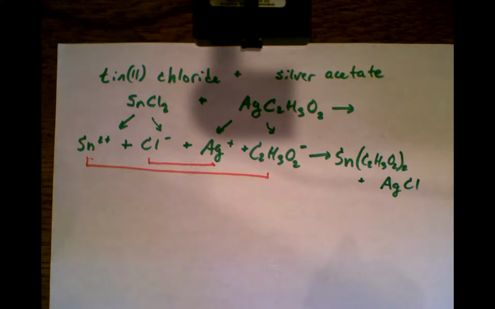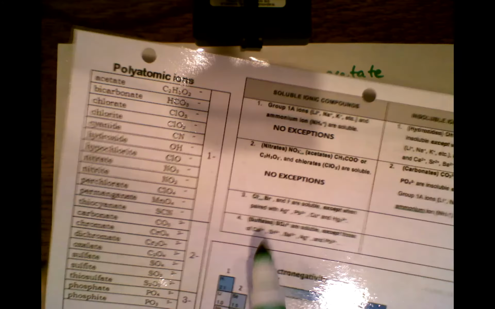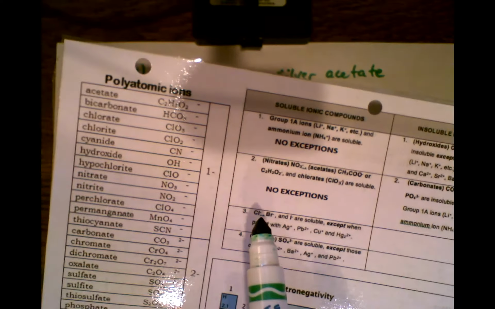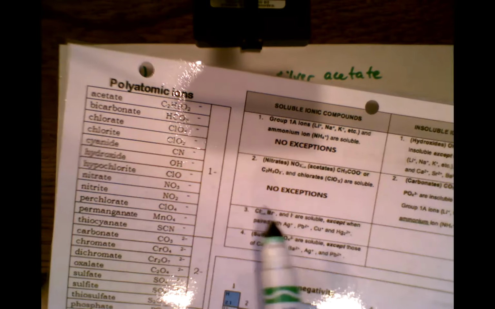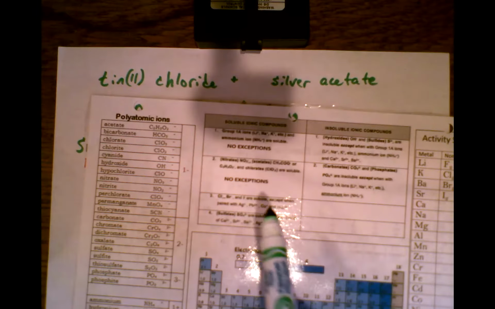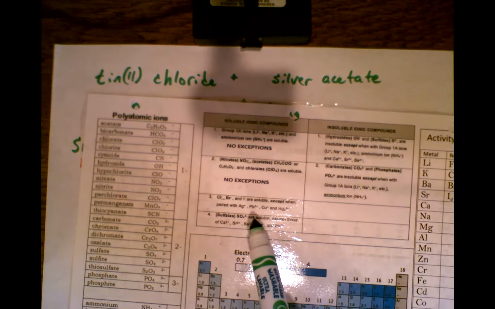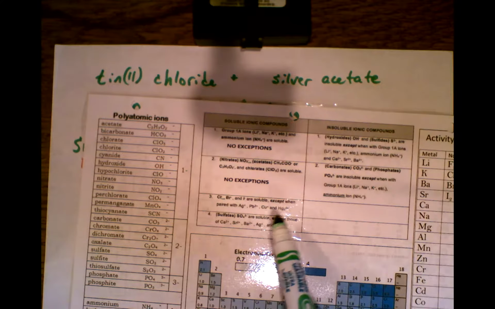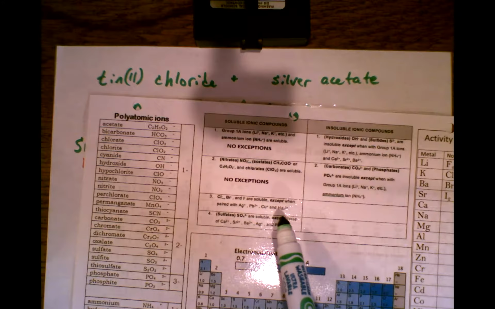Well, you can look at your solubility rules and say, okay, so chlorides fall under this category. Chlorides are soluble except when with silver, lead, copper, and mercury. So silver chloride is the one that's not soluble.